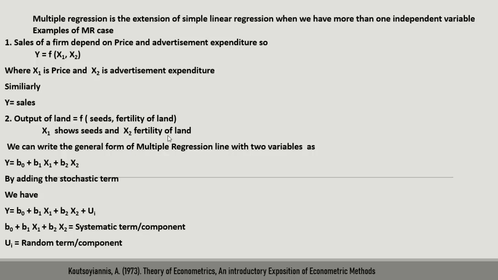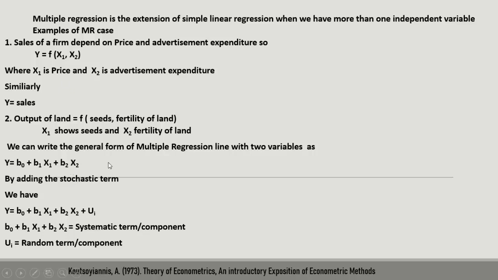We can write the general form of the multiple regression model with two variables by adding b2 x2. We can write the two variable multiple regression line as y is equal to b0 plus b1 x1 plus b2 x2. It is the mathematical form of this model.